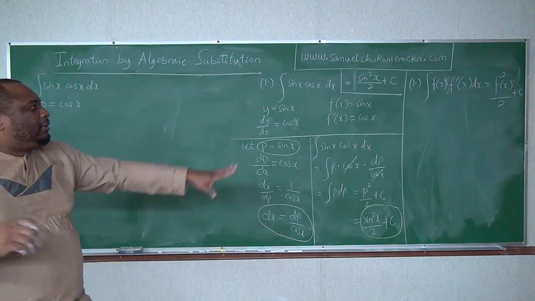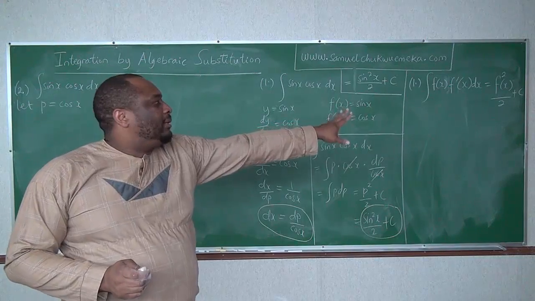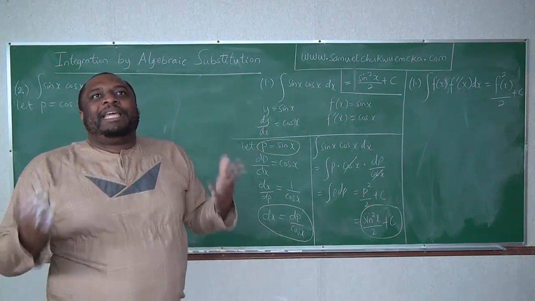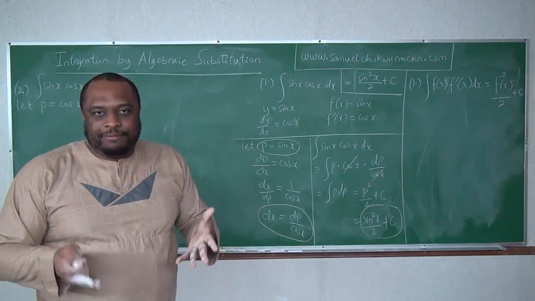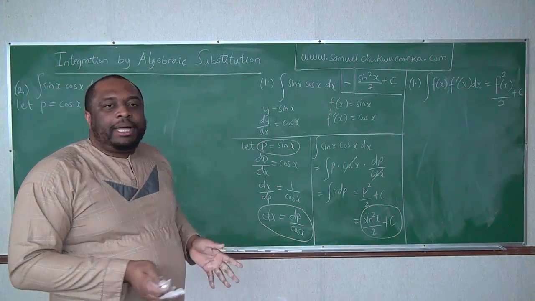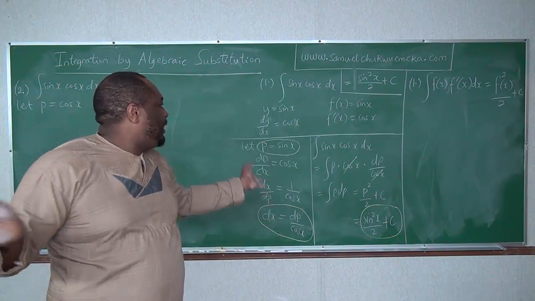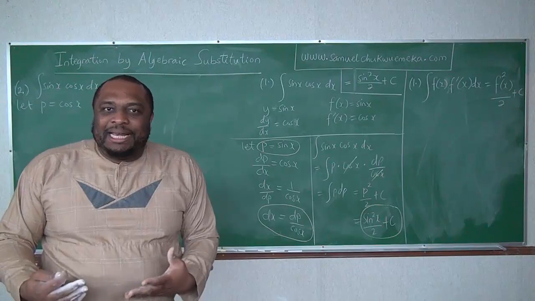Somebody might not know this offhand, number 1. Some people will not know it, or they might not be given the list of standard integrals. They might say, hey, let me substitute. Let P be cos x instead of sine x.